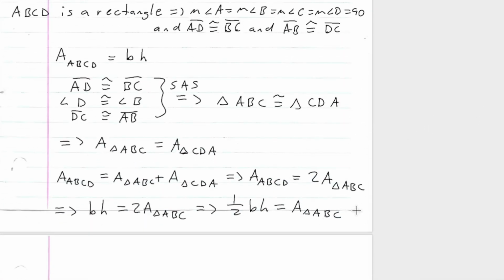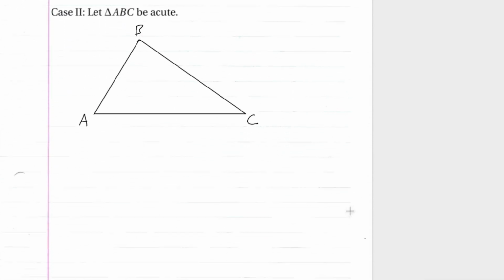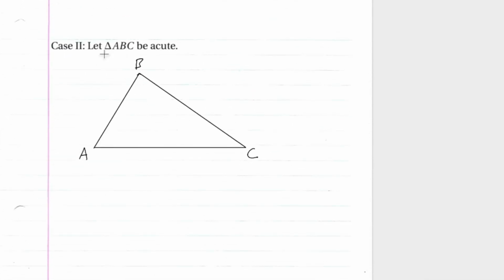All right, now for the second case, we're going to let triangle ABC be acute. So all of the angles are less than 90 degrees. It looks something like this. We're going to draw an altitude, H. So that means this is 90 degrees, and we'll call this altitude BD.